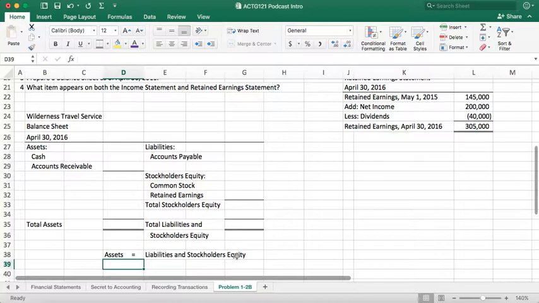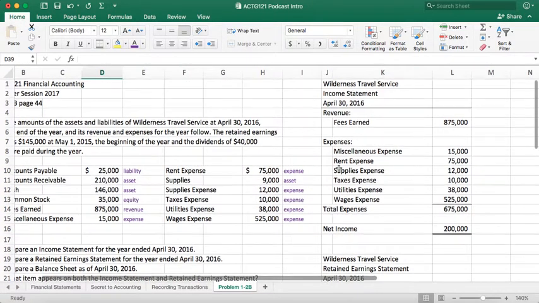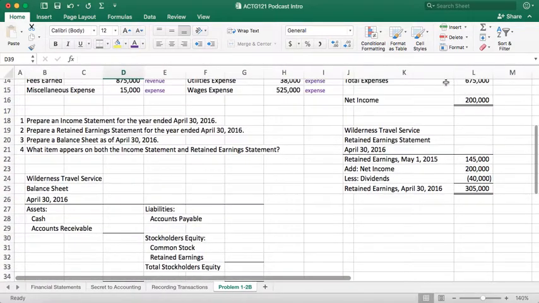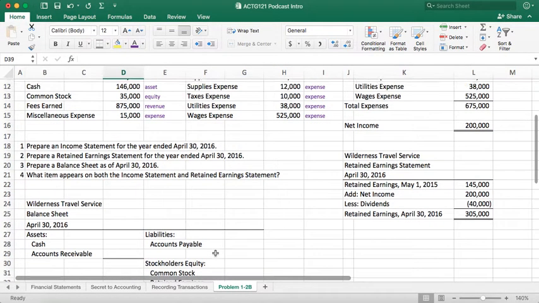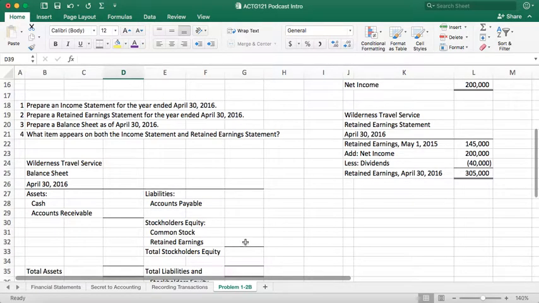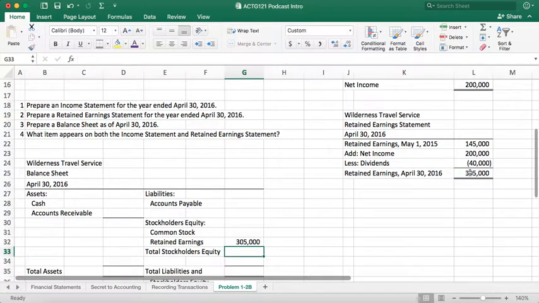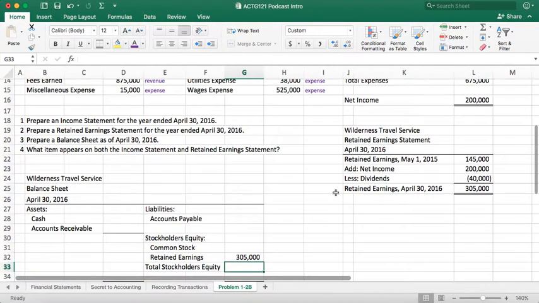And remember, we've already calculated our net income, $200,000, and incorporated it into our retained earnings statement. So that number is going to be embedded right here. And that includes our revenue and our expenses, which is net income less our dividends.